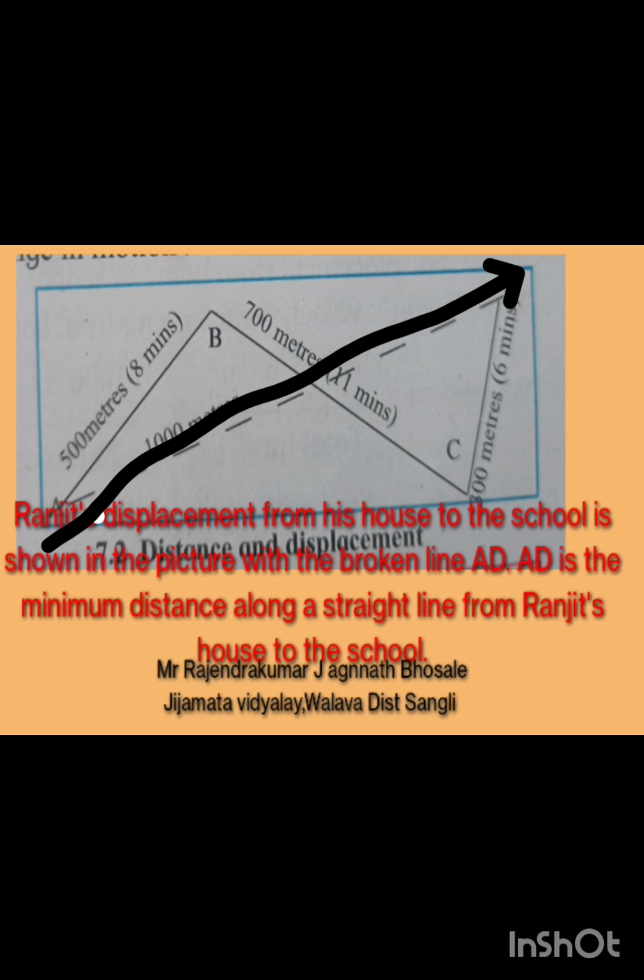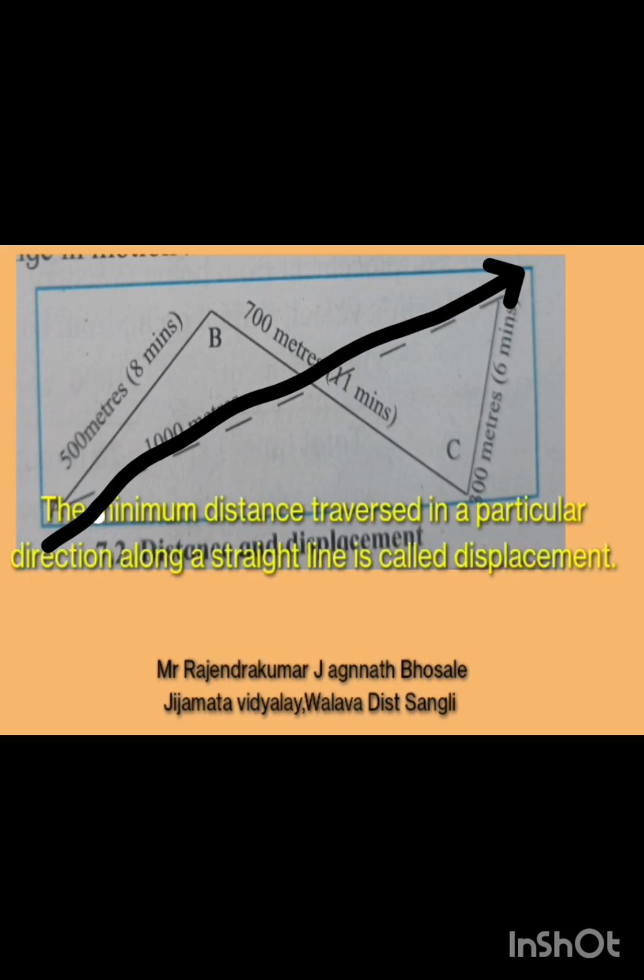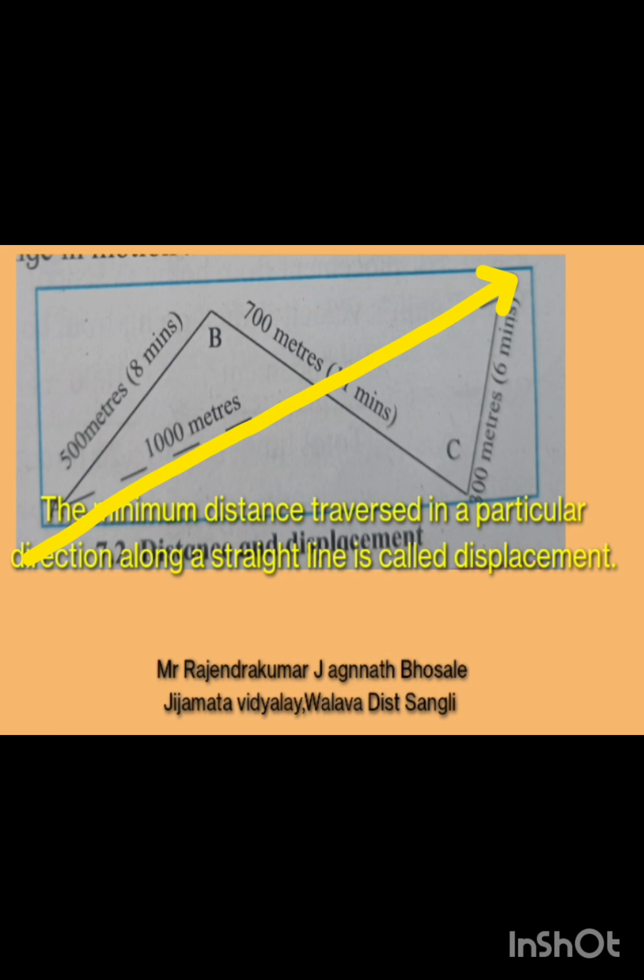AD is the minimum distance along a straight line from Ranjit's house to the school. It is the distance transferred in a particular direction along a straight line. It is called displacement.